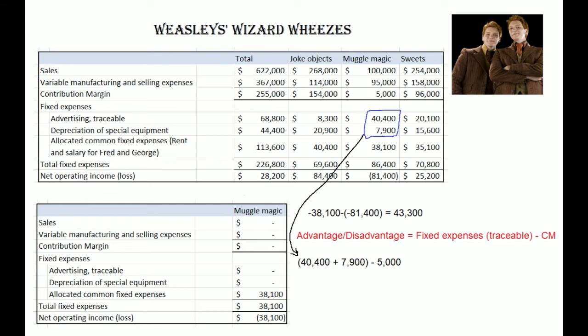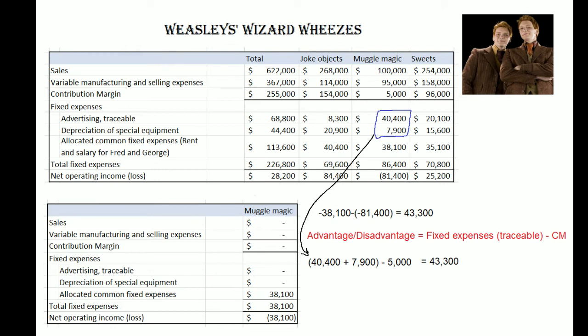Then we subtract the contribution margin of the segment, and we get the same answer. And because it is a positive 43,300, they should drop or discontinue this Muggle Magic segment and just eliminate it.